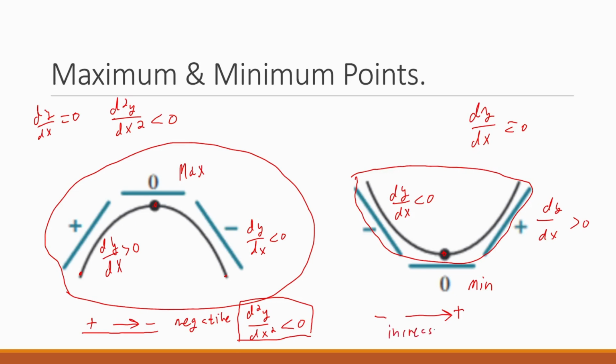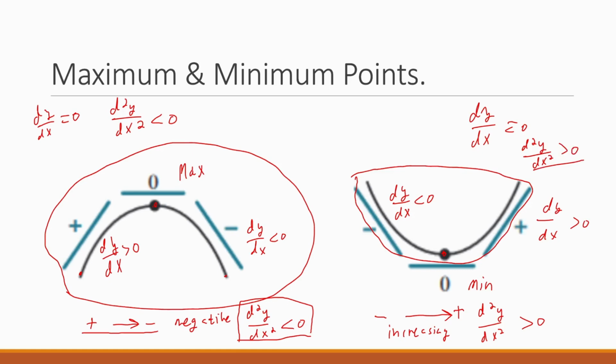As you can see, the x values increase, the y values increase, so the d square y over dx square is supposed to be greater than 0. The rate of change of gradient is supposed to be greater than 0. So for this you can write dy over dx is equal to 0 and d square y over dx square is greater than 0.